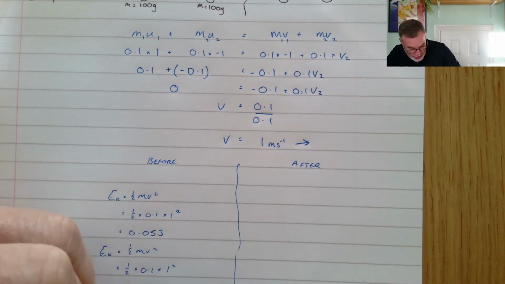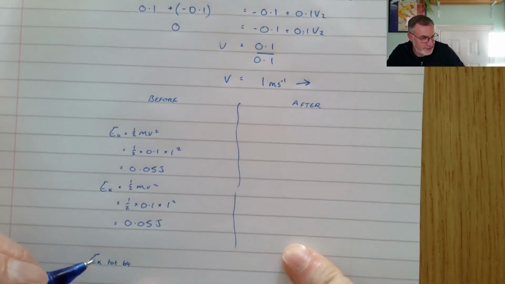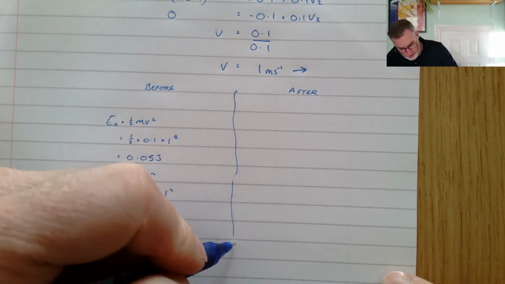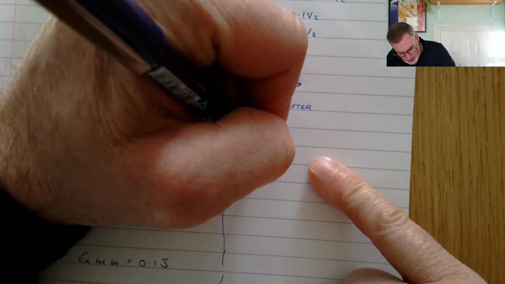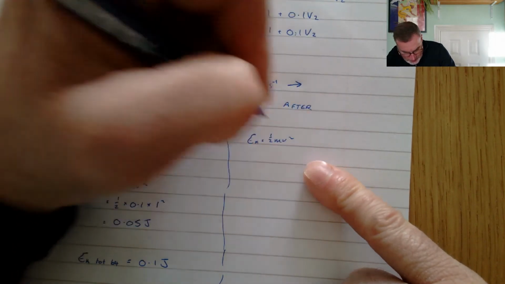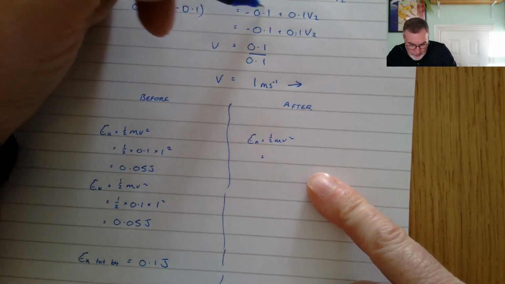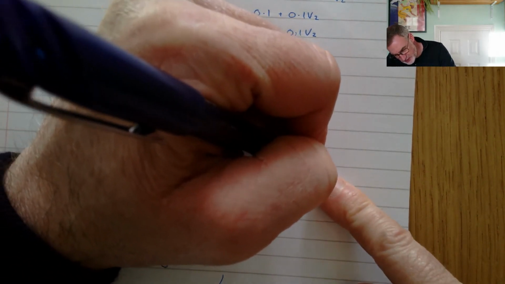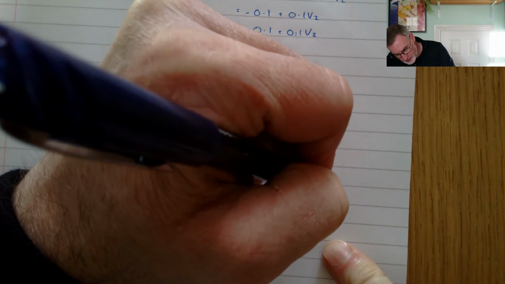The total energy, EK total before, is going to be 0.1 joules. Then we'll go through and we'll work out the total kinetic energy after. So EK is equal to half mv squared. For this, it's -1, we're going to ignore the minus, just have half times 0.1 times 1 squared, just going to go 0.05 joules.